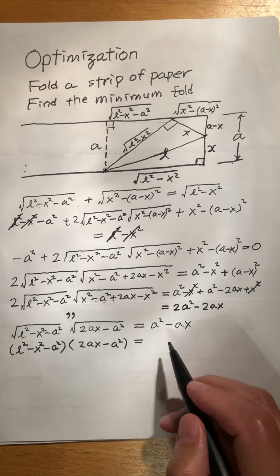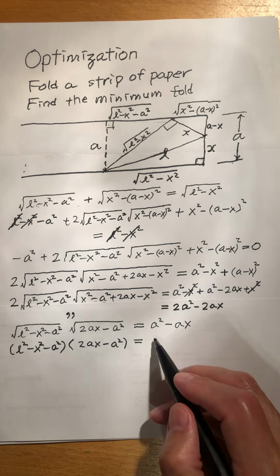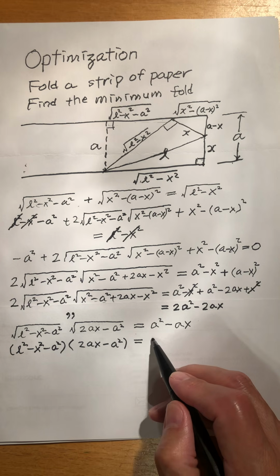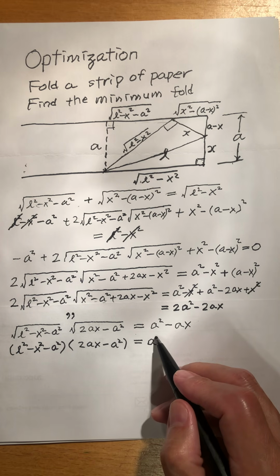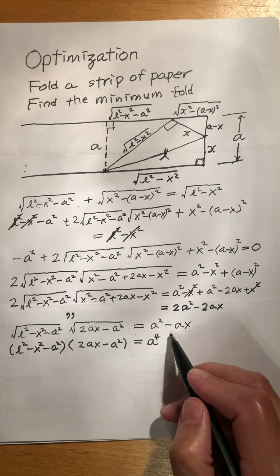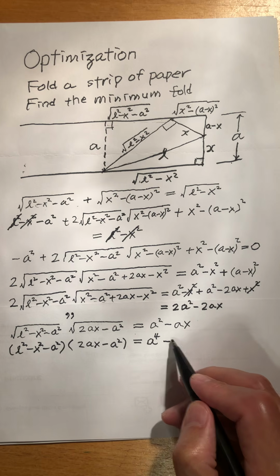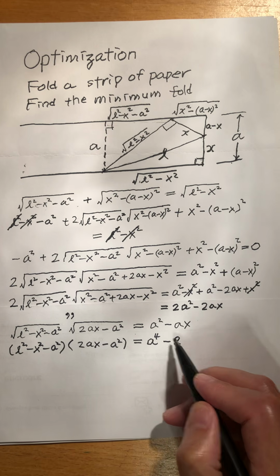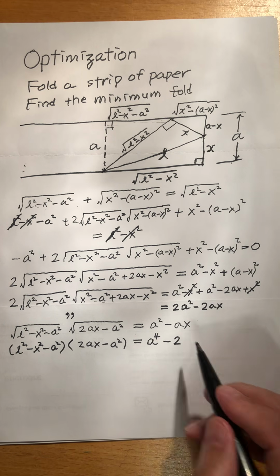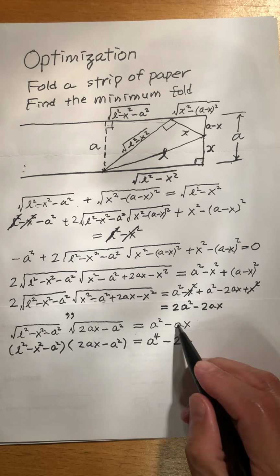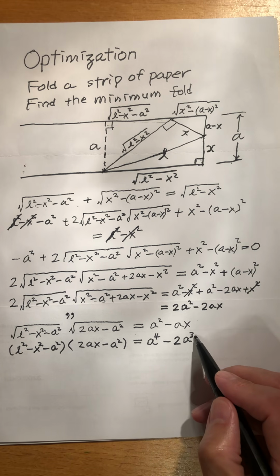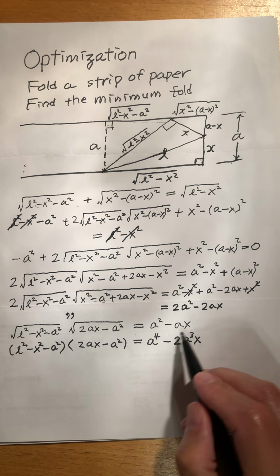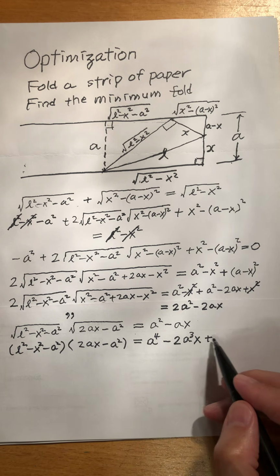Now square the right-hand side. Okay, again, I must be very careful. A square of this, a to the power 4, minus 2ab, minus 2ab, this times that. So I have a cubed x minus 2ab plus b squared.